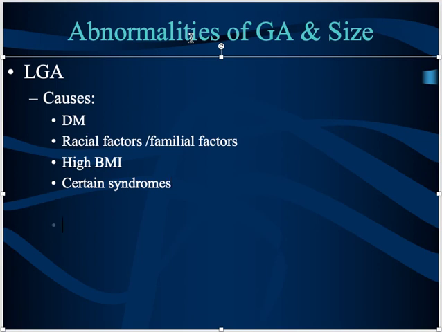Now what can be the problems, or simply what are the things these large for gestational age babies can cause? Now think about it, the baby is big, so start from the time of birth. What will happen? The baby will find it difficult to come out from the mother if it's a spontaneous vaginal delivery.